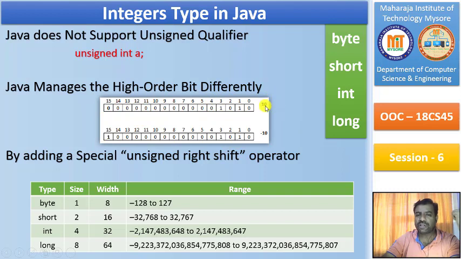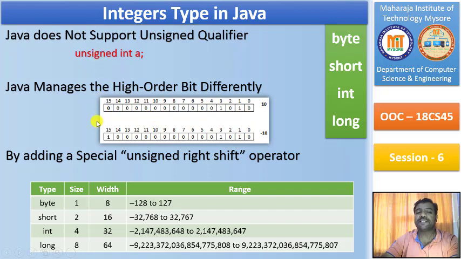If I want to store 10, I will make this bit 0, stating it is going to be a positive number. If it is minus 10, I am going to have the higher bit as 1, significantly saying it is a negative number. And I'll be using the remaining 15 bits to store the value.